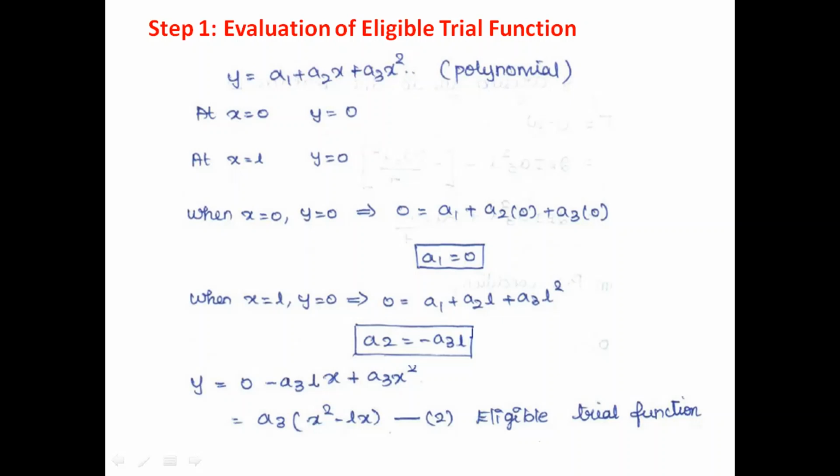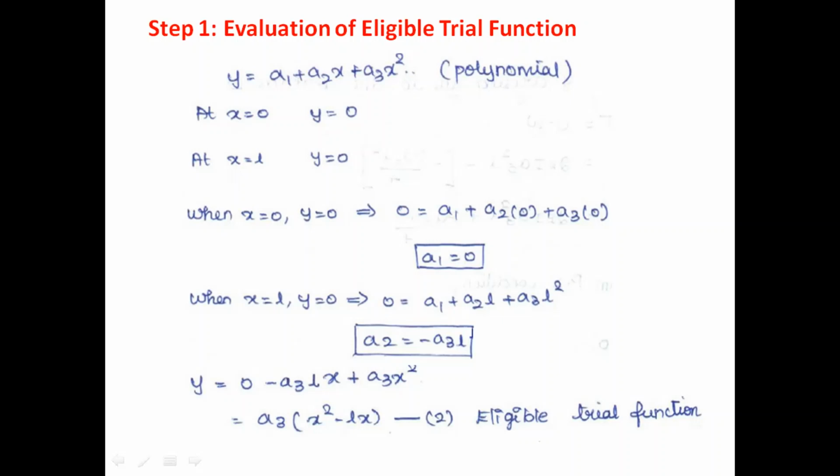So finally the eligible trial function will have only one unknown, a3. Substituting the a1 and a2 values, the eligible trial function is a3 times (x square minus Lx), a function of x. This is the eligible trial function which is ready to solve the simply supported beam.